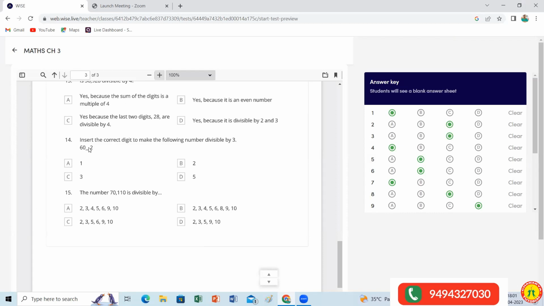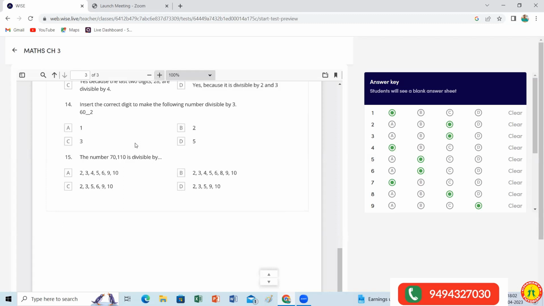So only the number 1 works. Sometimes they may ask for the greatest or least number to fill in the blank so that the number is exactly divisible by 3. At such a time you need to think about a greater and smaller number. There is no question like that here, so we can go ahead. Next, coming to 15.